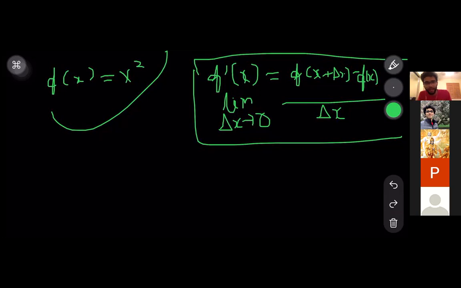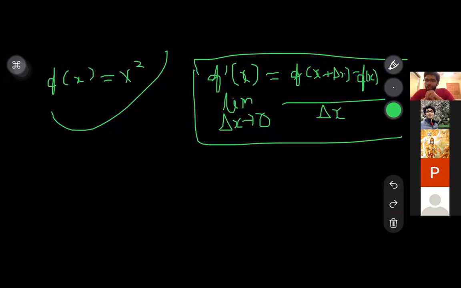And then what are we subtracting from that? We are subtracting f of x. And then to the whole thing, we are dividing by delta x. And we want to know the value of this formula when delta x goes to 0, right? So why are we doing the simplification? Because if I straight away substitute delta x equal to 0, this equation won't make any sense, because I cannot divide anything by 0, right?